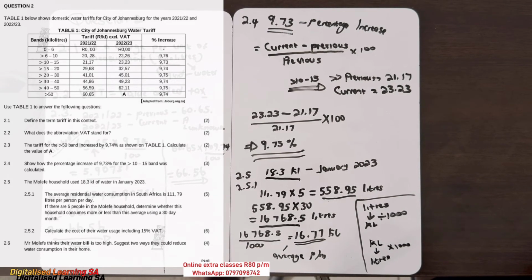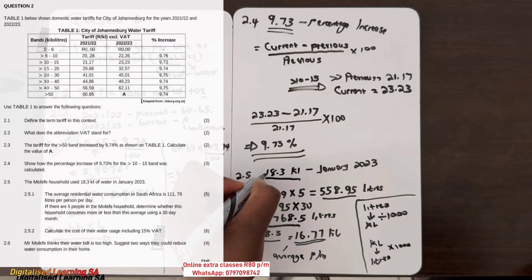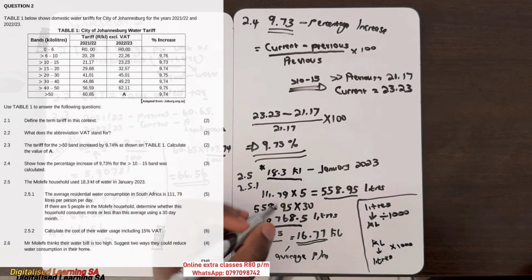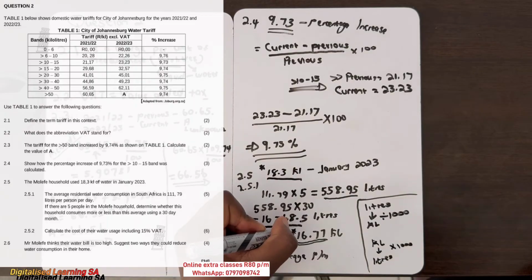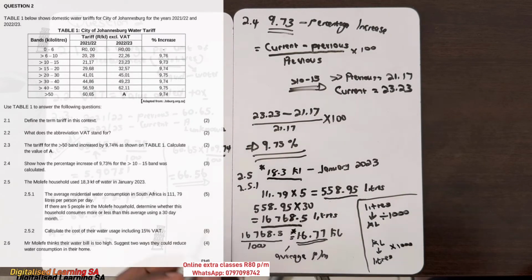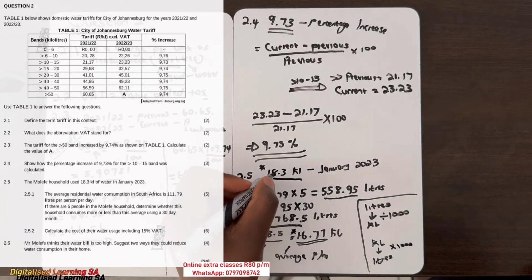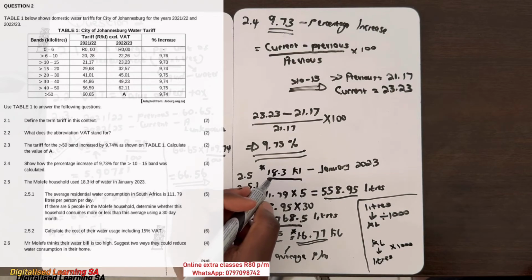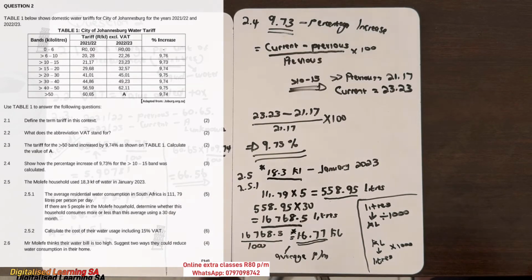So remember that the question said, determine whether this household consumes more or less than this average. So if we compare 18 and 16, this is the average, and this is what the Molefe family consumed per month. If you compare the two, you can see that the Molefe family consumes more than the average.